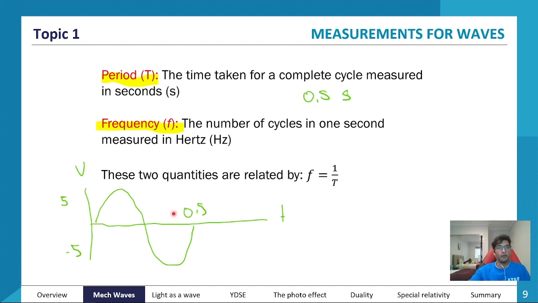So the frequency of this wave is 1 divided by the period, which is 1 divided by 0.5, which gives us 2. The unit for frequency is hertz. Cool. This is pretty much what you've done in your EMF graphs. Essentially, the exact same thing.